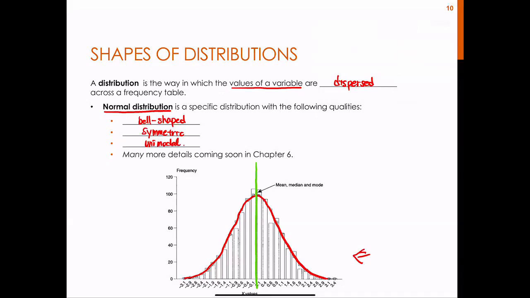There is only one mode, or value of the highest frequency, here. So here we can see that it's centered at 0 and increases or decreases with equal intervals. This is the normal distribution's characteristic.